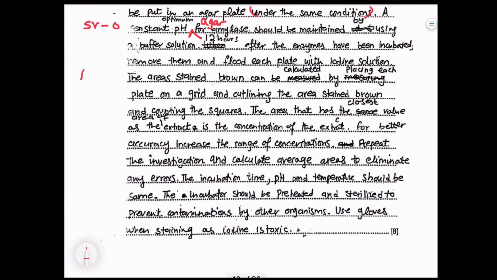The next point will be dependent variable. So the student actually calculated the area stained brown by using a grid and counting the area stained brown, or by counting the squares. So therefore, this is qualified as 1 mark.